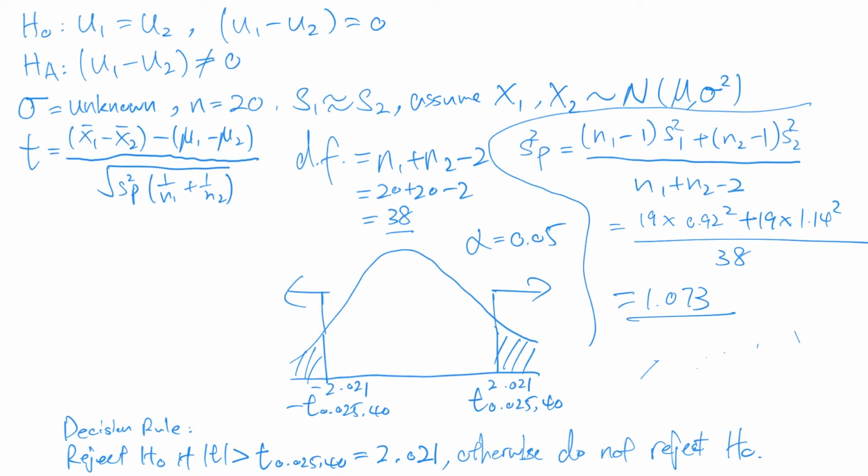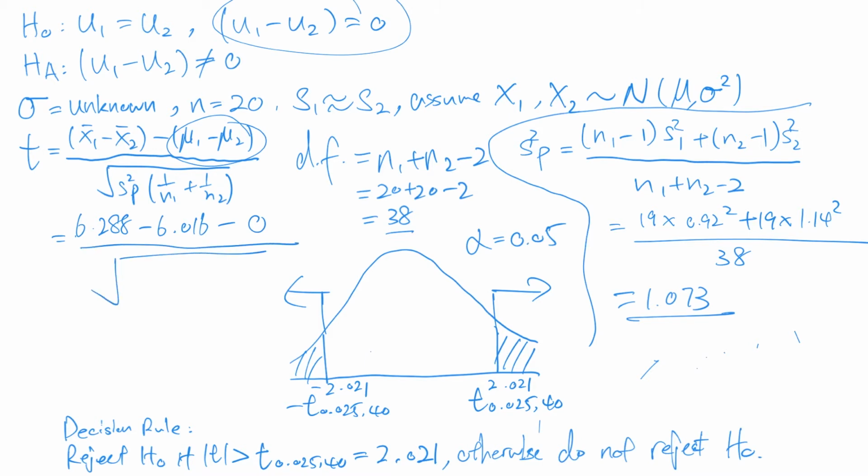And if we substitute this number back into here, we have 6.288 minus 6.016 as we have set out in step 1, minus 0, which is this part here, over the square root of 1.073 times 1 over 20 plus 1 over 20, and this equals 0.272 over the square root of the rest.